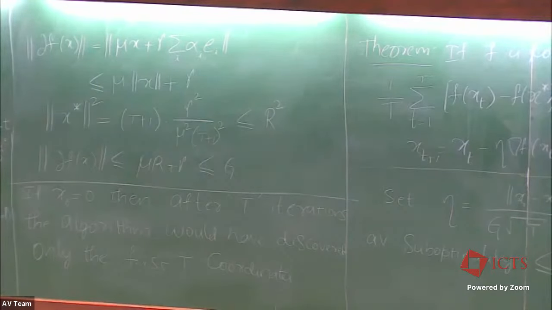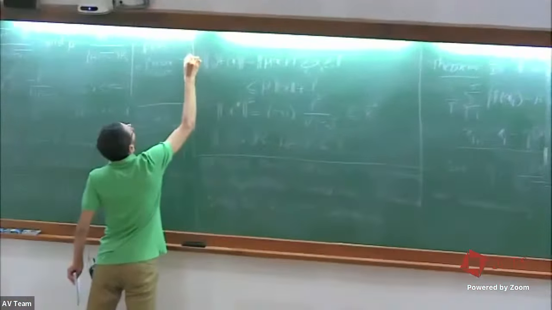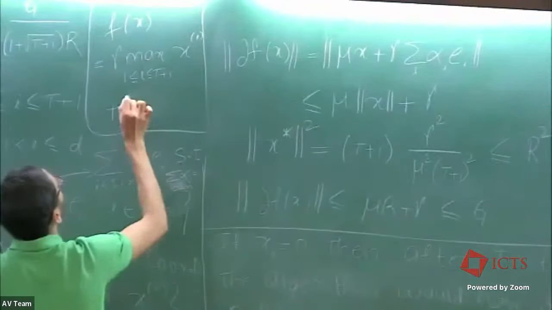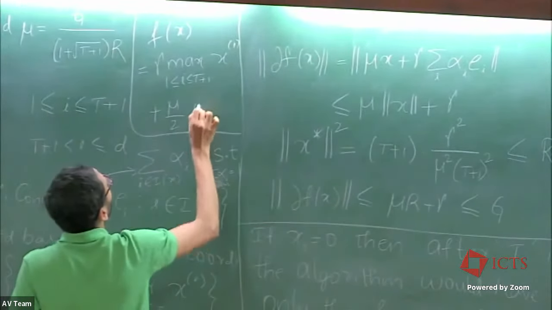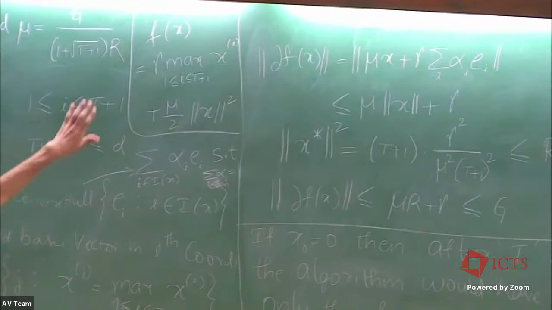So let's again write the function here just for a second. Okay, so this is the function that we are considering, and we have this rule for giving subgradients.